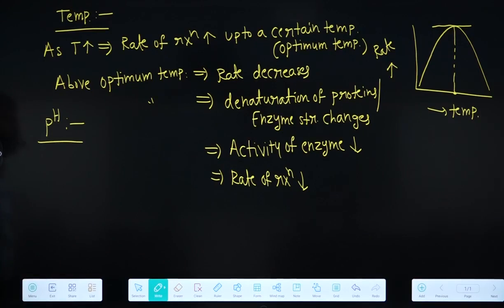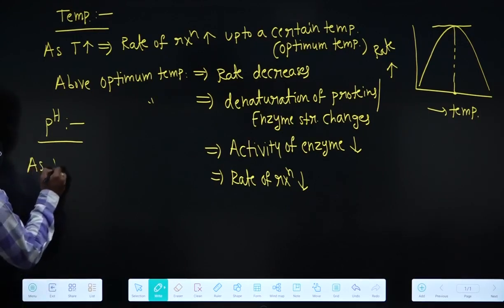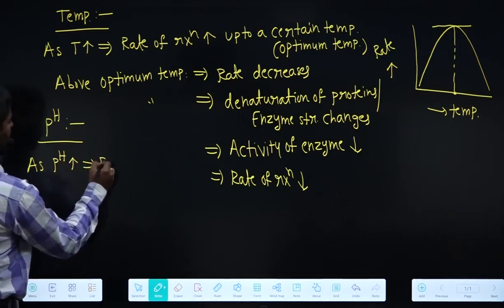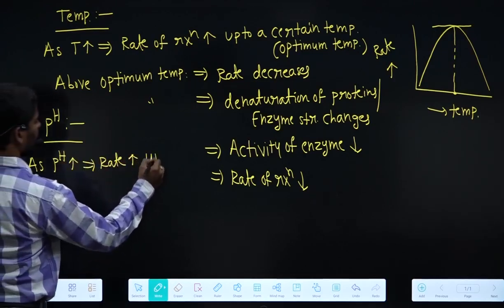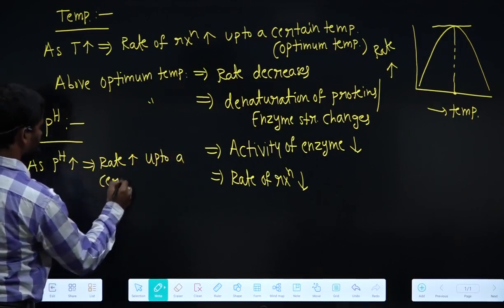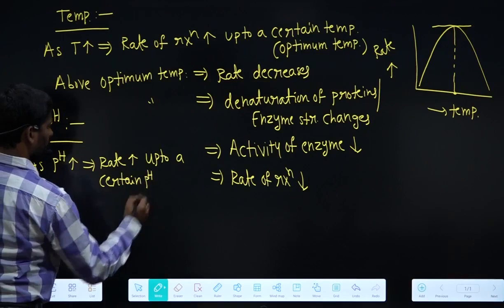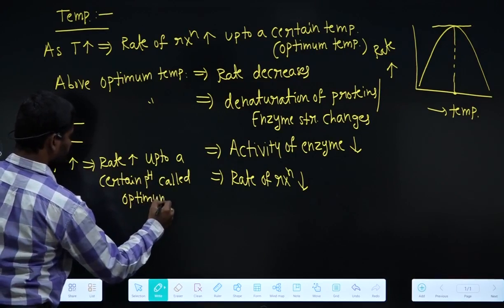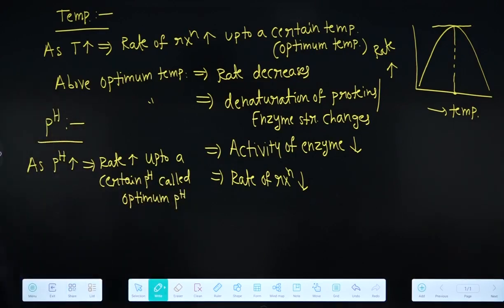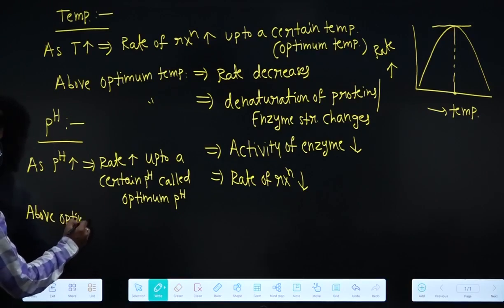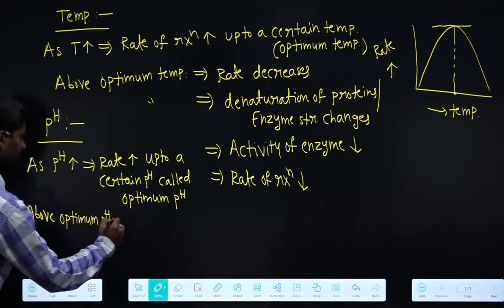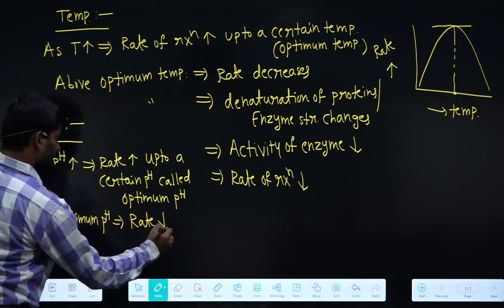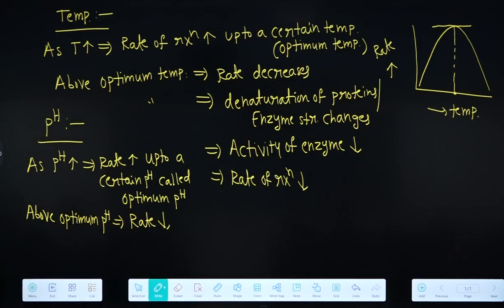Same as before: as pH increases, rate increases up to a certain pH called optimum pH. Above optimum pH, rate again decreases.